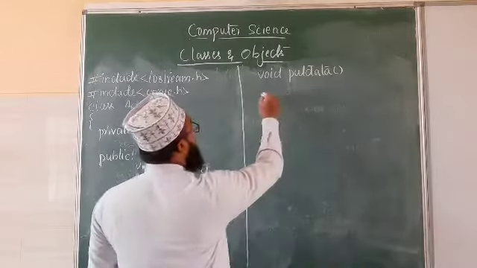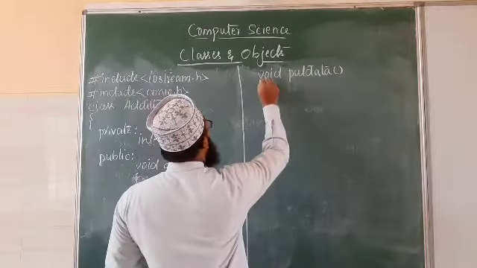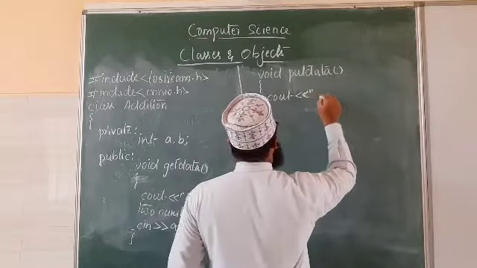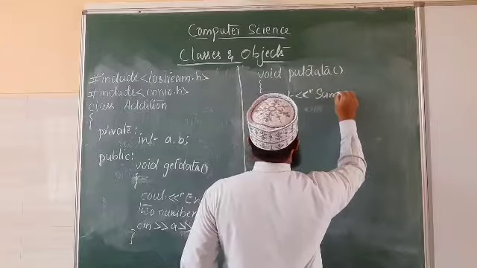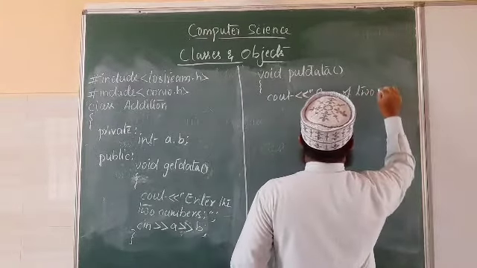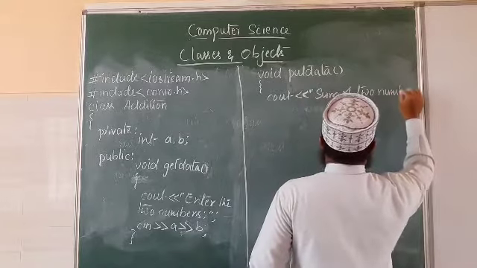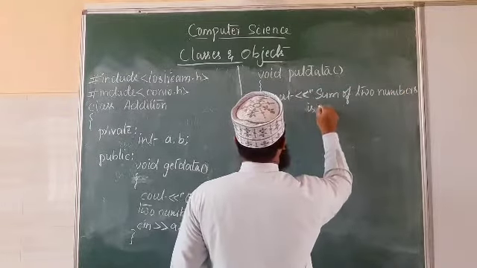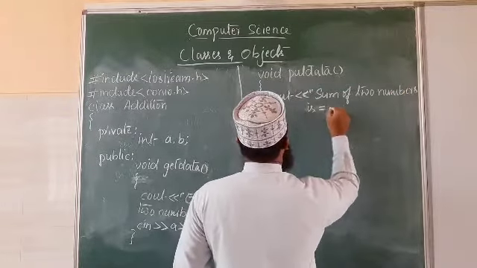Then after that, put data, then open this. Then cout: sum of two numbers is, equals a plus b.